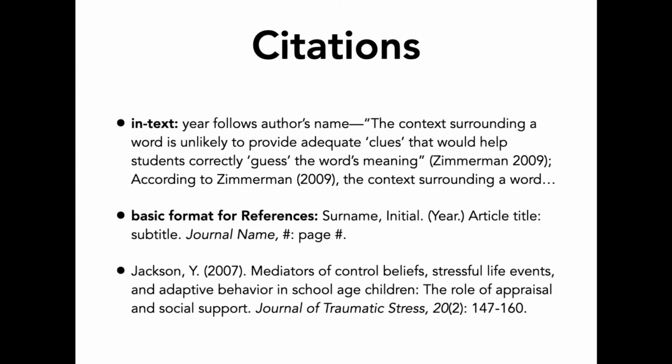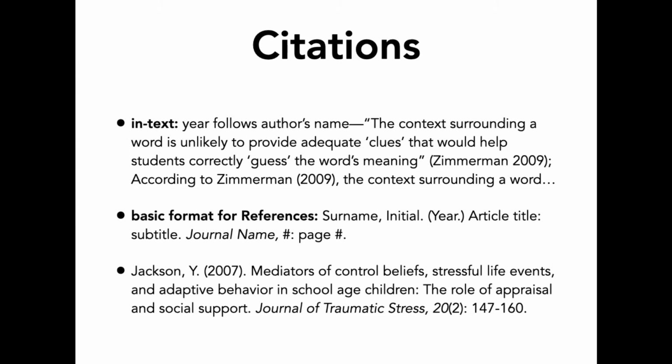And then depending on how the sentence is worded, another way to do an in-text citation is like in the second example. So it says, according to Zimmerman, 2009, so only the year is in the citation, the context surrounding the word, and so on. So for MLA format, think author's last name and page number. For APA, think author's last name and year.